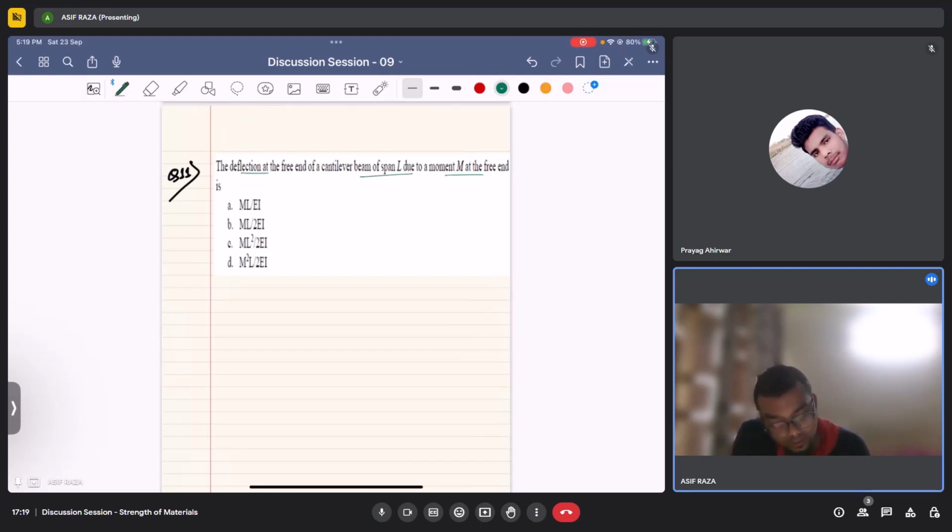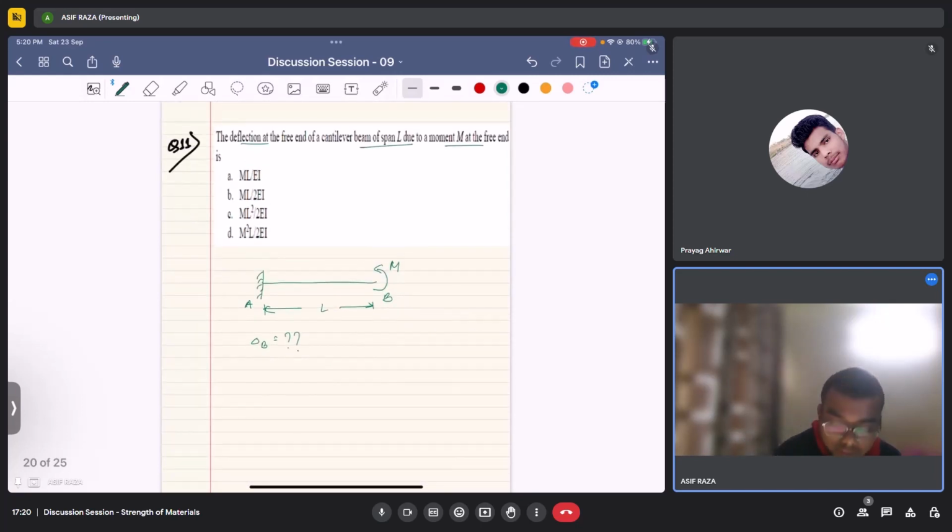The beam has the moment M at the free end, span is L, this is A, B, what is delta B?